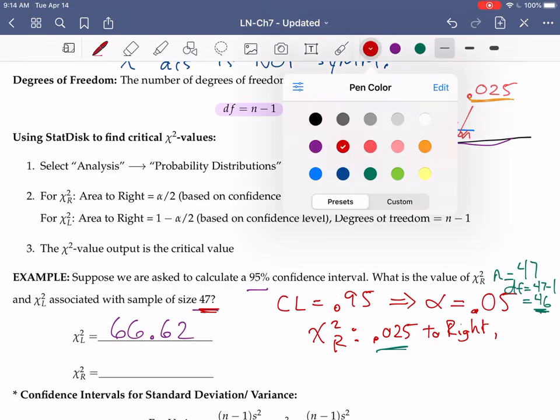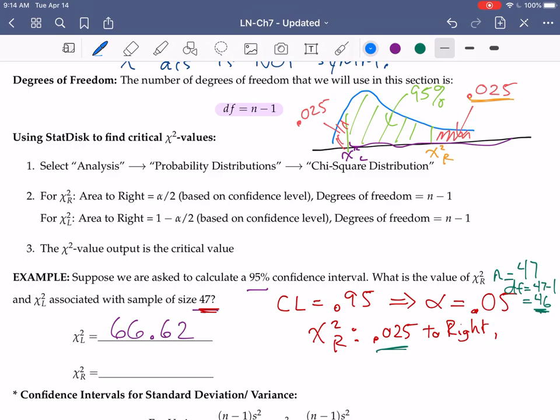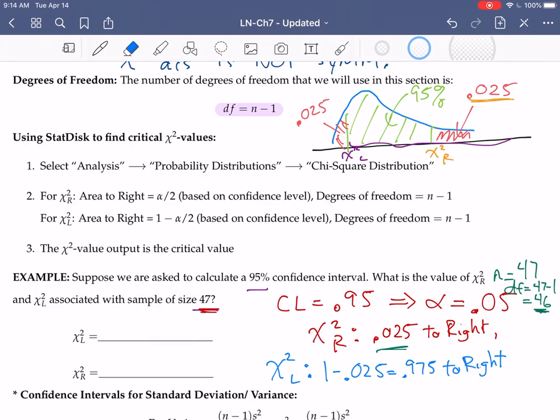And to find the left chi-square value, we do almost exactly the same thing. We have the same degrees of freedom, but we have 1 minus 0.025 as the area to the right. So 0.975 to the right. Same 46 degrees of freedom, but we have 0.975 to the right of this value. And before I go over there, I am observing that this was the right critical value, and so I need to put that in the correct spot: 66.62.